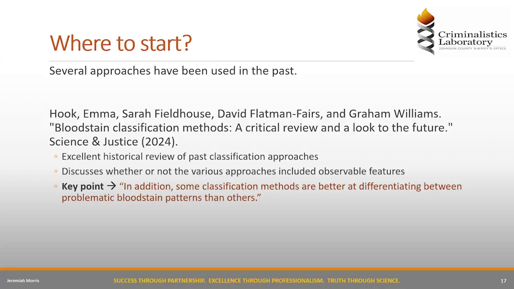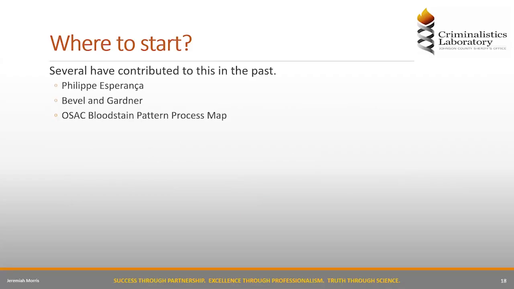Whereas if you use a different method, that may help you with these overlapping patterns. So the key takeaway here is that your method matters. Different people, if they're using different approaches or different criteria, are actually using different methods for classification. They may say that they're still using size, shape, distribution, appearance, and location, but when you start diving into the different approaches, you can see that they really are different.